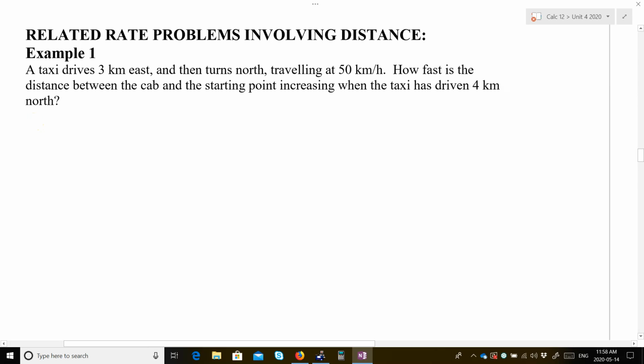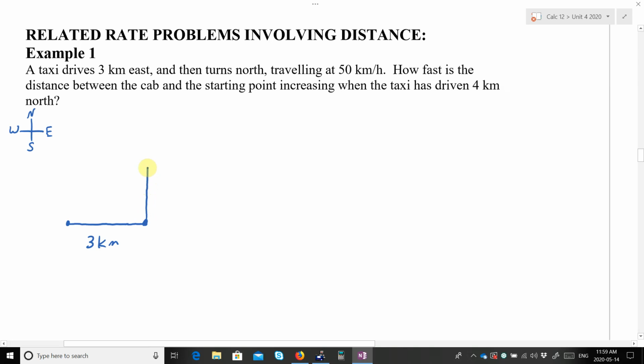Okay, so let's set up some directions here first. North, east, south, west. And so this taxi drives 3 kilometers east, then turns north, traveling at 50 kilometers per hour.